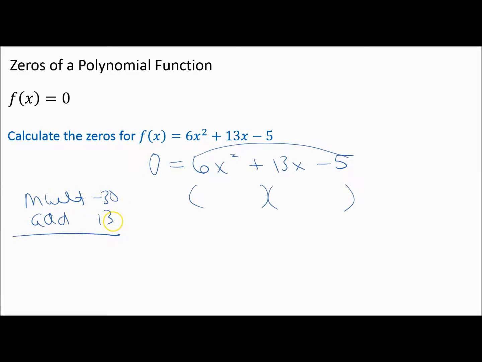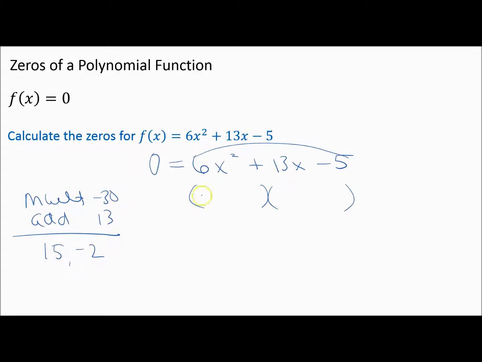And if there are two numbers that do this, that means this problem factors, and we'll attempt to do that. A positive 15 and a negative 2 do both of these things. They multiply to be negative 30 and they add to be positive 13.